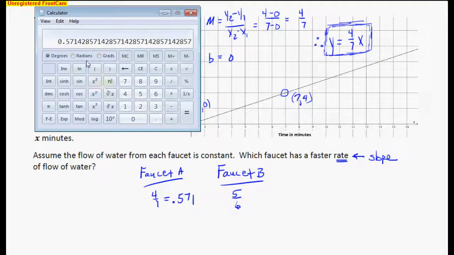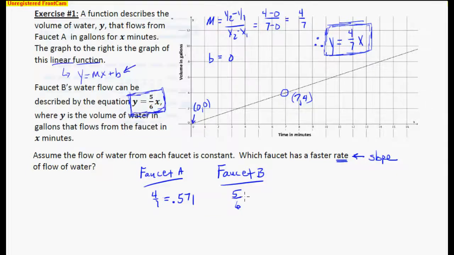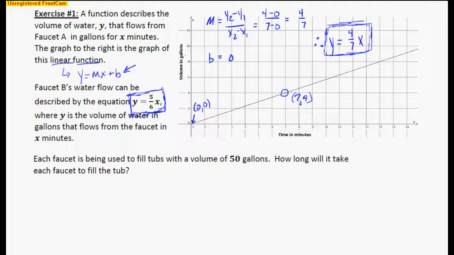Then I'll take faucet B, and I'll do 5 divided by 6, and that's 0.83 repeating, 0.833 if I round off. When they say compare, which one has the faster rate of flow? Well, it'd be the higher number. So faucet B is my answer to the first part here, it has the faster rate of flow. Okay, let's turn that off and go to the next question.